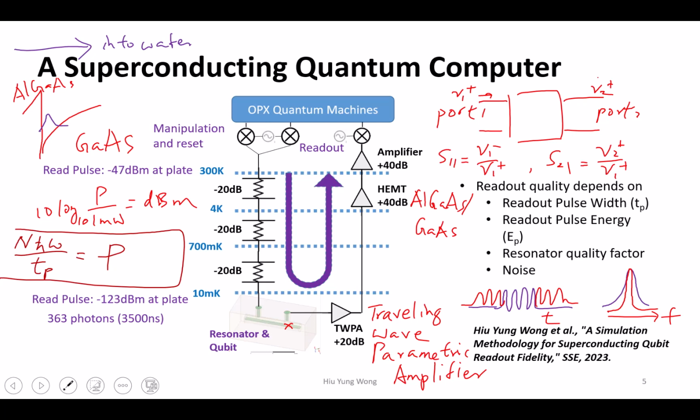So this, I really don't know how to say this, right? It's related to, you're sending a pulse to it, then you create a Hamiltonian, then evolve, right?